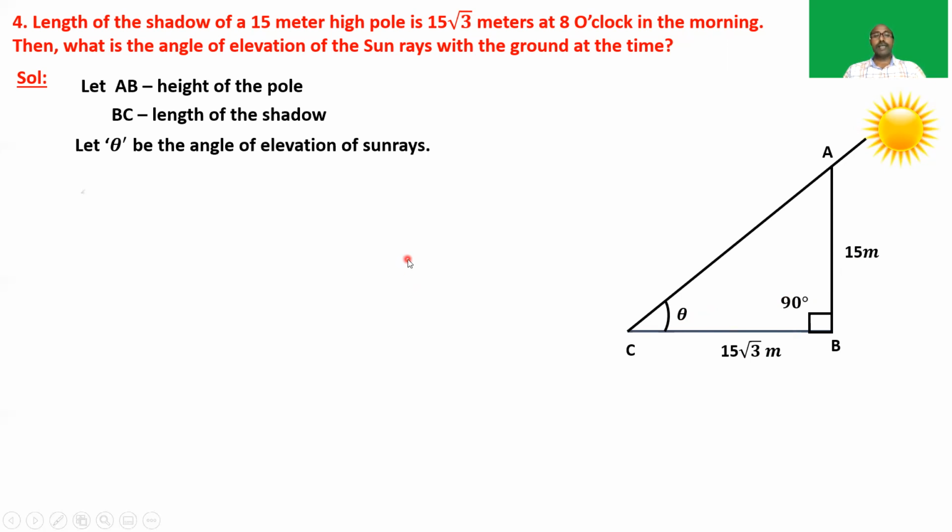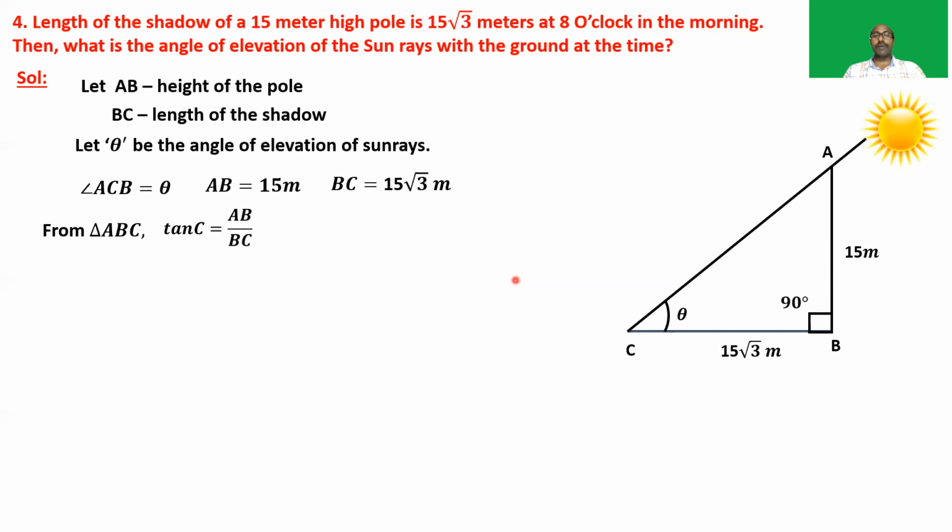So from this picture, angle ACB is theta, AB is equal to 15 meters and BC is equal to 15 root 3 meters. From triangle ABC, tan C is equal to AB by BC, and substituting C equal to theta, tan theta is equal to AB is 15 and BC is 15 root 3.